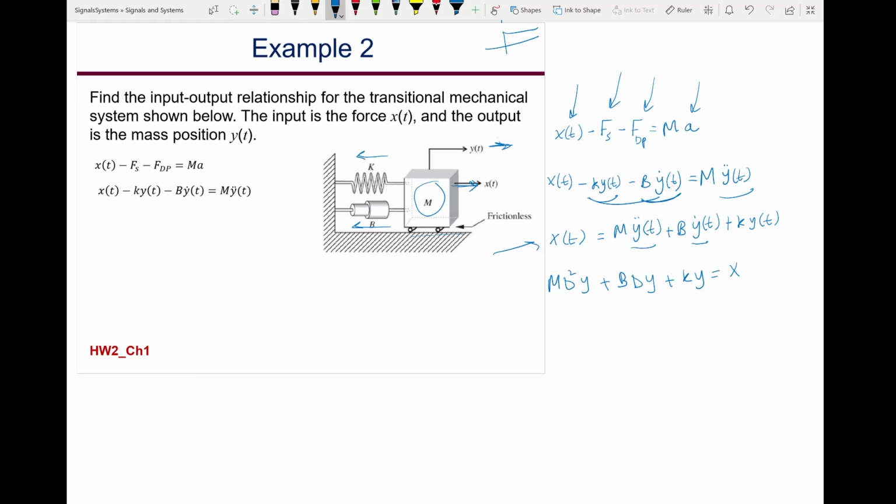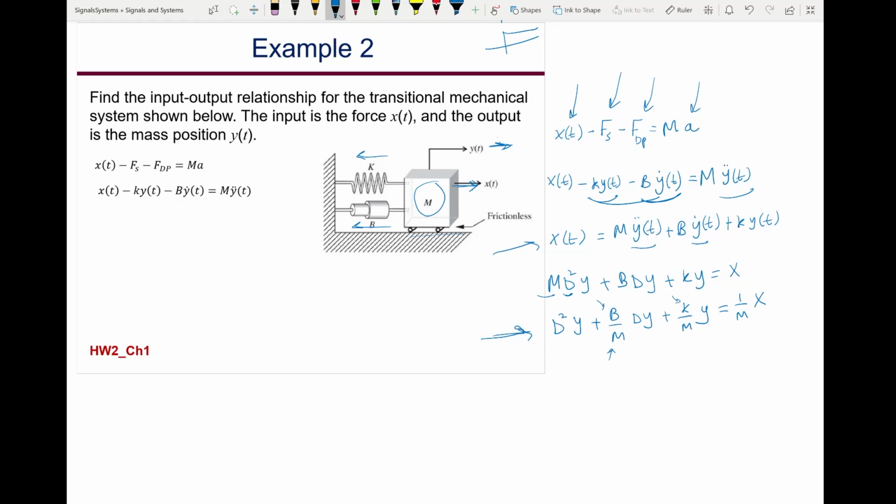And if I want this second derivative to have a factor of 1, I divide everything by m. So this will be d squared y plus b over m dy plus k over m y equals 1 over m x.